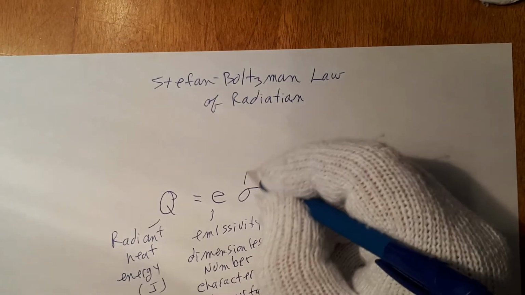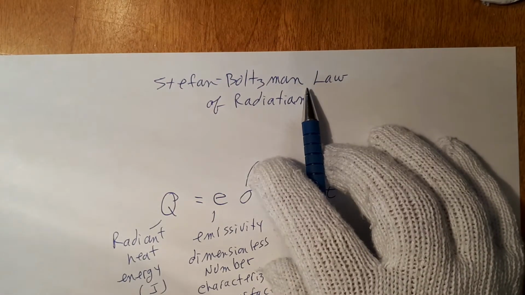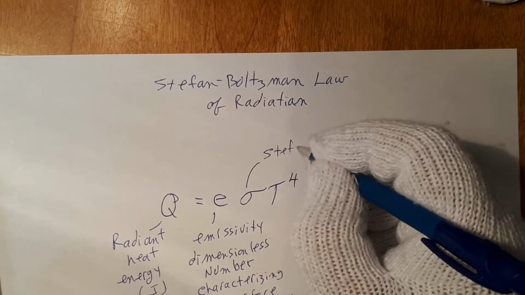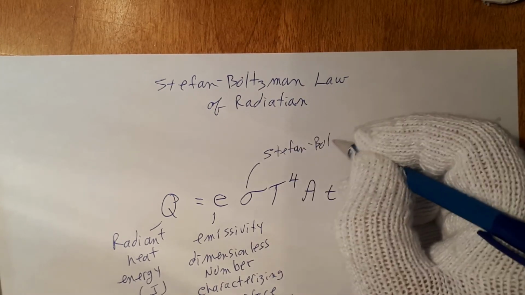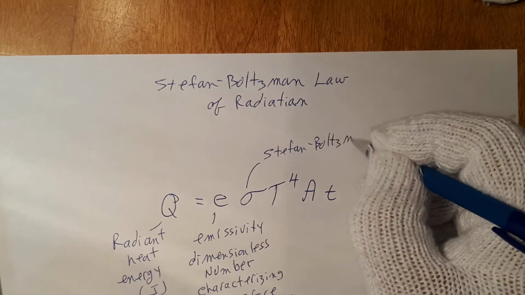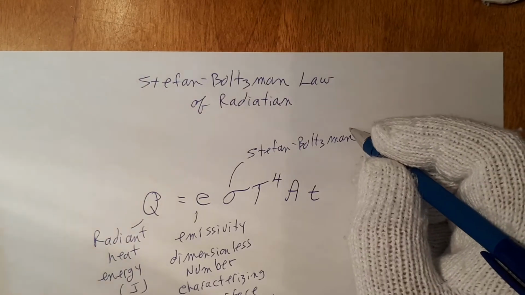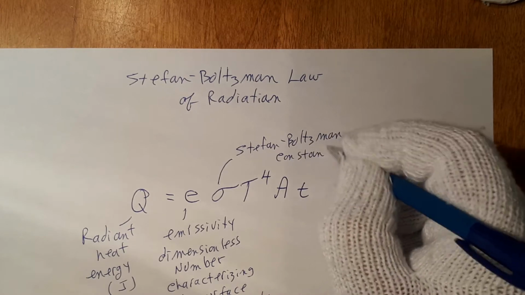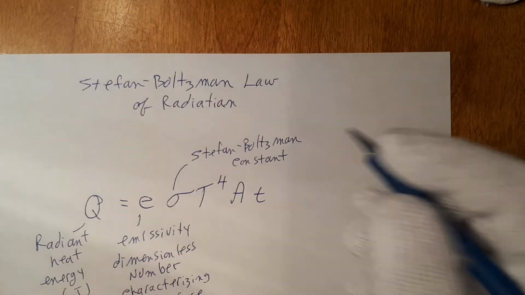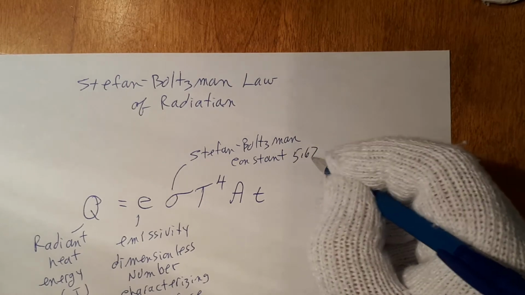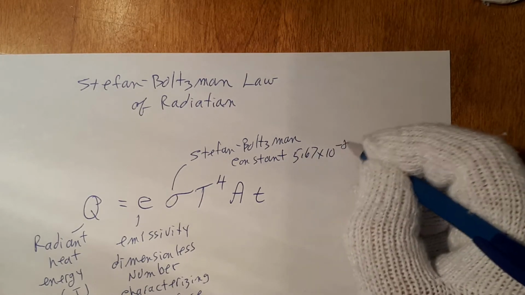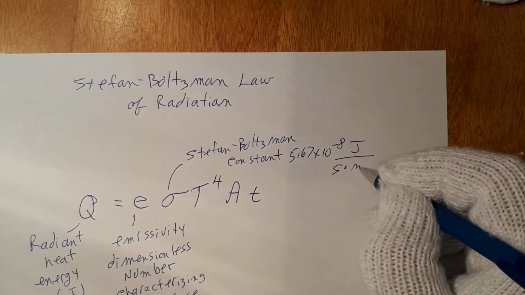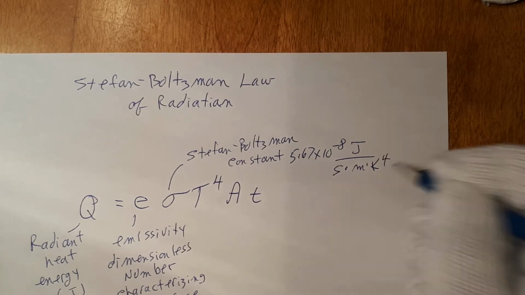And sigma, well, this is the Stefan-Boltzmann constant. It has a value of 5.67 times 10 to the minus 8, and the units are joules per seconds, meters, Kelvin to the power of 4.